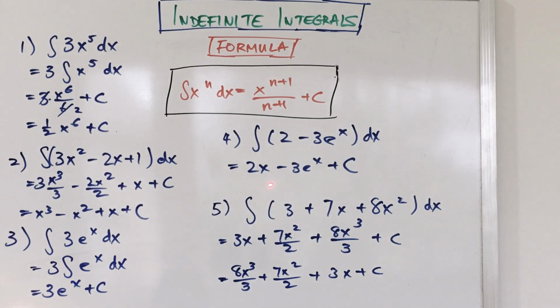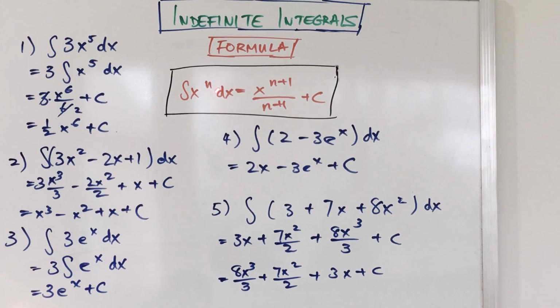So what happened here is obviously that factor 2 comes out, and since it was 2 times x to the 0, because you can write 2 as 2 times x to the 0, because x to the 0 becomes 1, so it's 2 times 1, so that's 2.